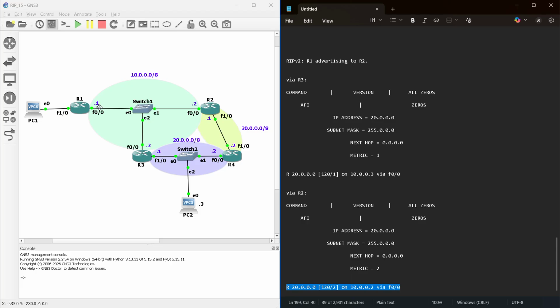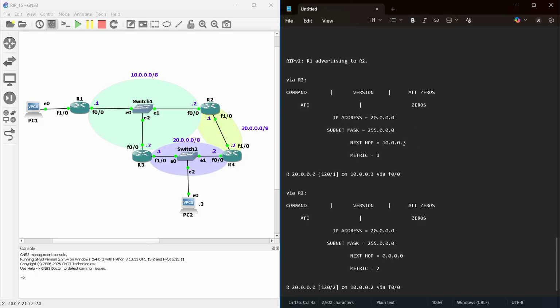But as a network administrator, we know that if we want an efficient network with the shortest path, I want to have the shortest path. And if you look here, the shortest path is via R3 with a hop count of 1. So I will go to the next hop, remove this, and enter this, right?